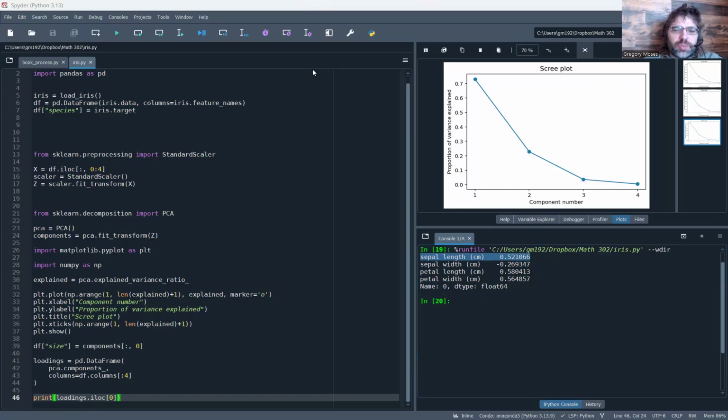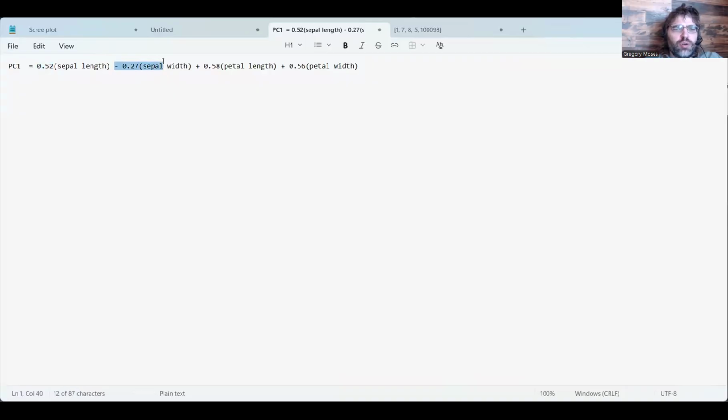Then we subtract 0.27 times the sepal width. We add 0.58 times the petal length, and we add 0.56 times the petal width. So this is how the first principal component is defined.